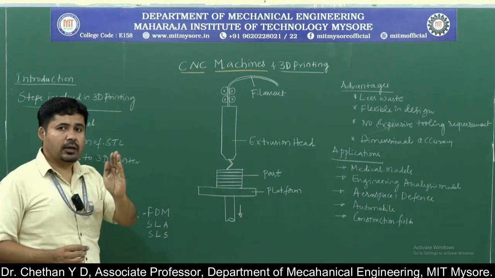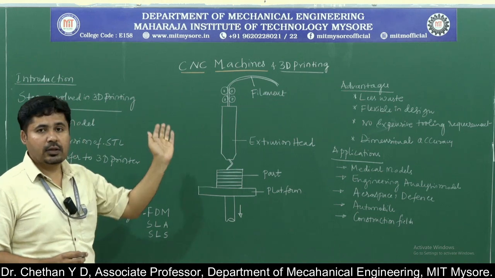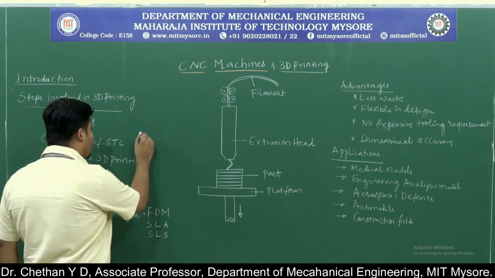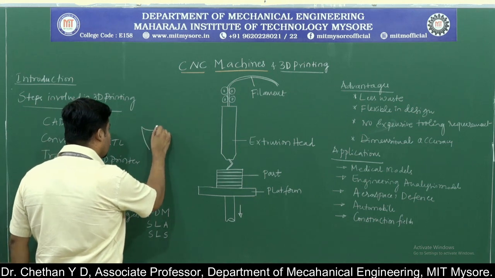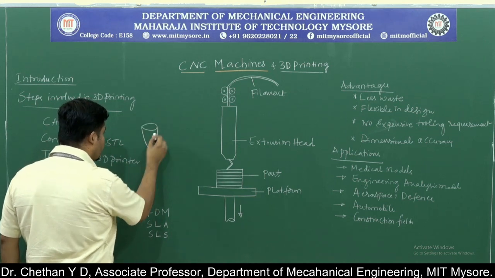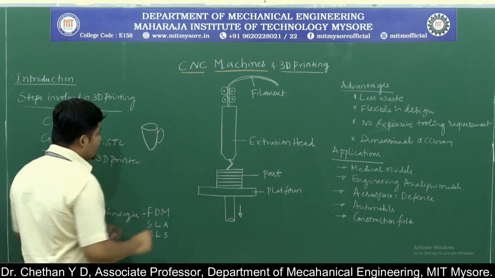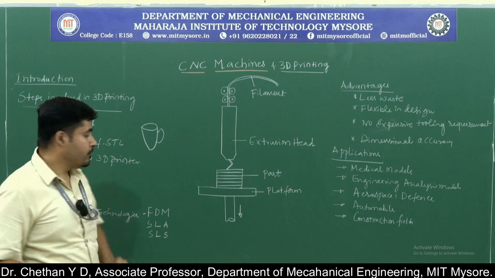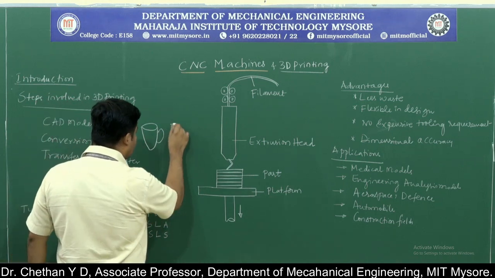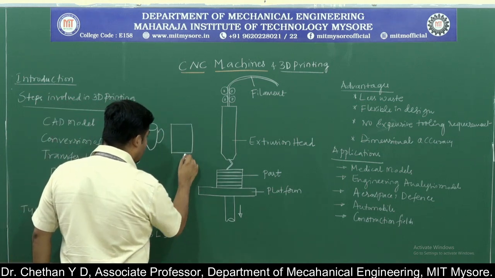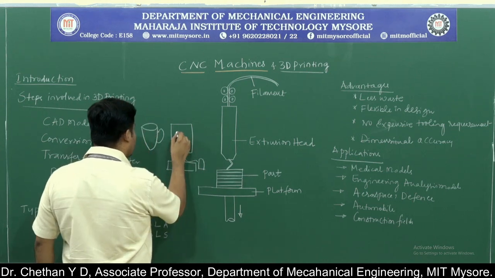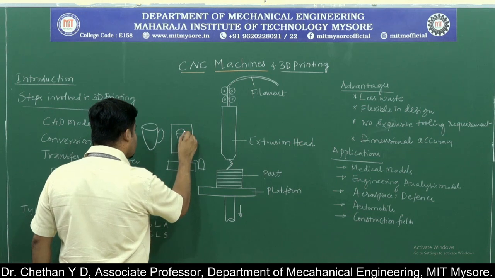As I said earlier, 3D printing is all about converting the digital model into a physical model. Say for example, I want to manufacture a coffee mug. This mug will be modeled through CAD software on a computer.